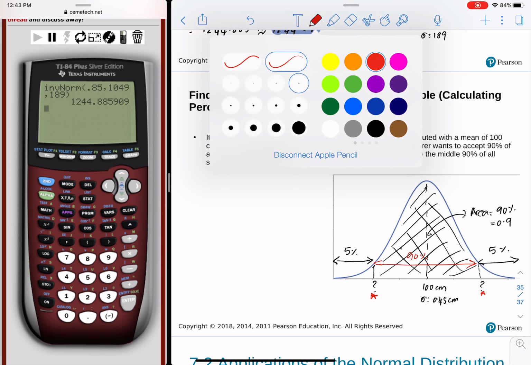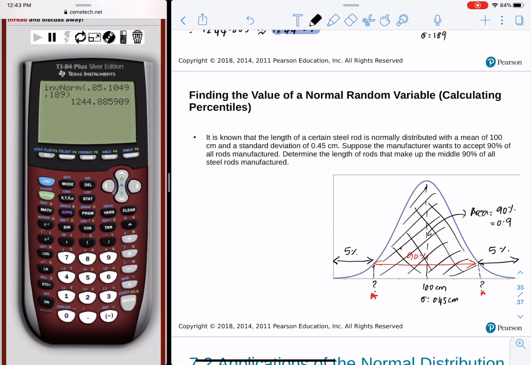So, since we know the area below, let's just call point A, so area below A is 5%, or simply 0.05, we can find that number using inverse norm.